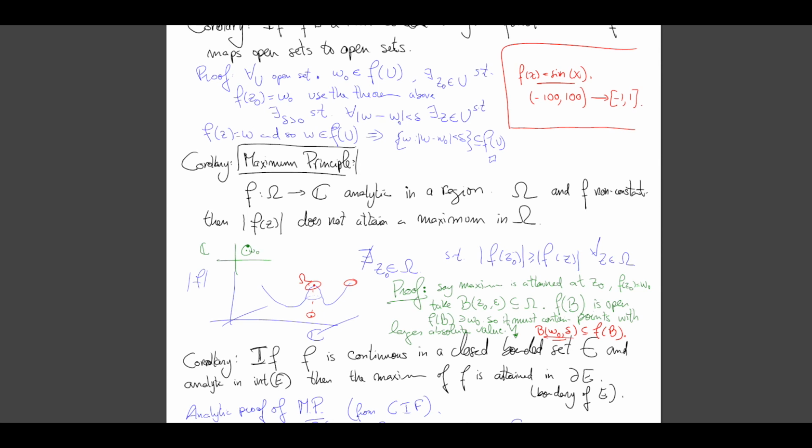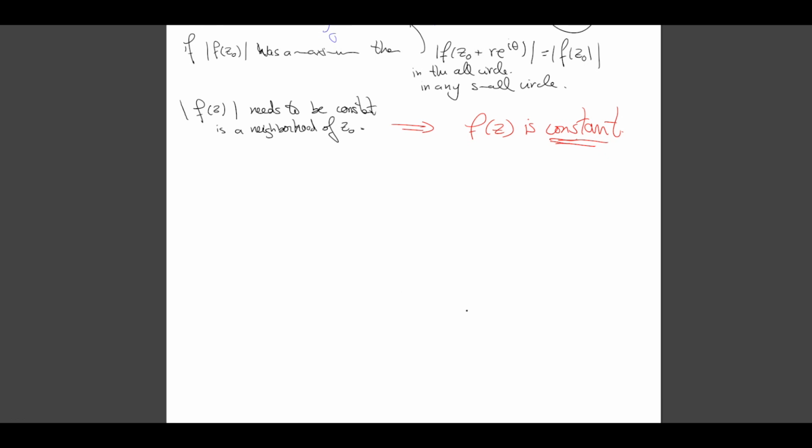But this means that if z0 is the maximum, then w0, the image of z0, needs to be the point with the biggest absolute value. But if a neighborhood of z0 goes to a neighborhood of w0, then any neighborhood of a point in the complex plane will contain points with bigger absolute value. Take a point w0 and any neighborhood of it. There'll always be a point in this direction, w0 times 1 plus some tiny delta, which has bigger absolute value.